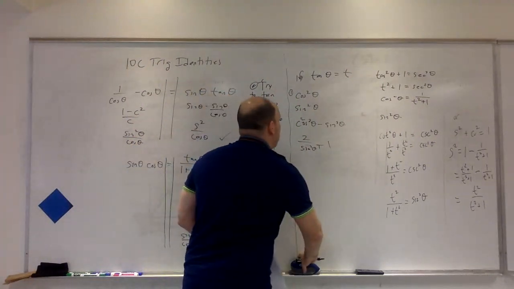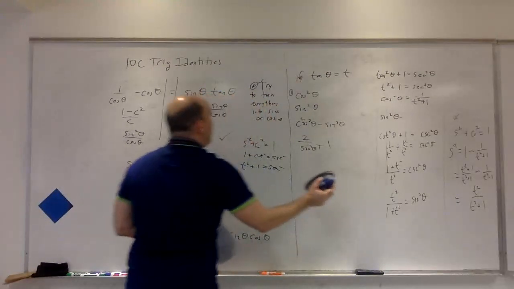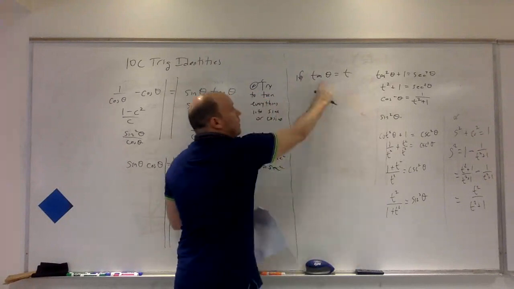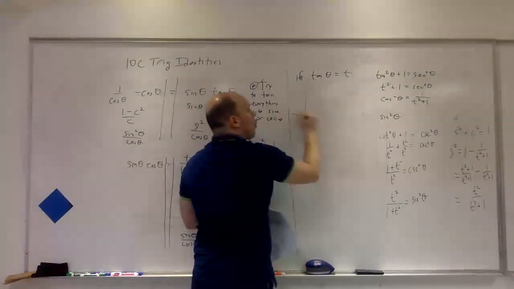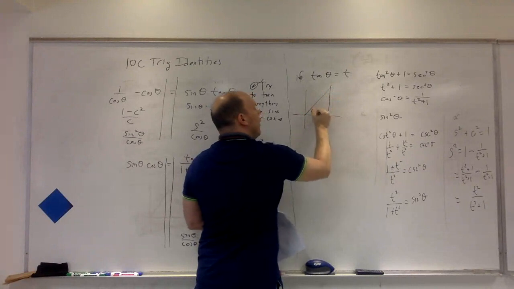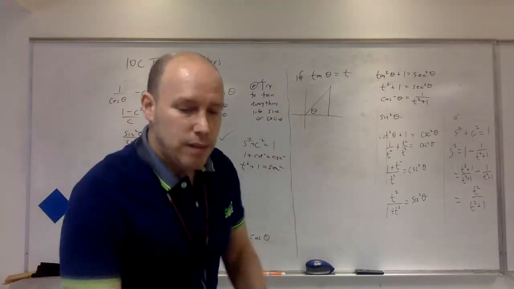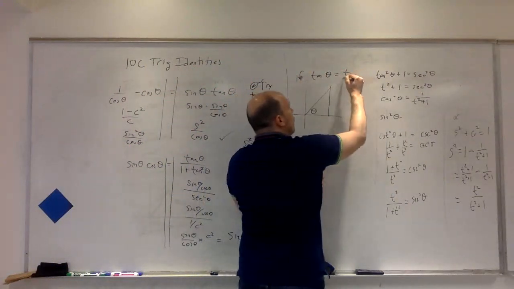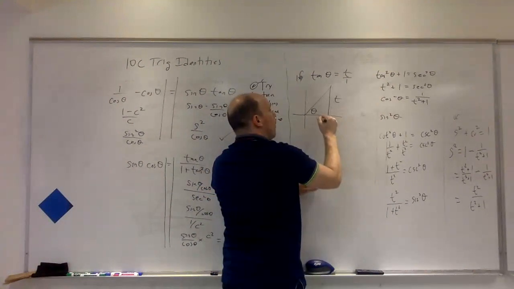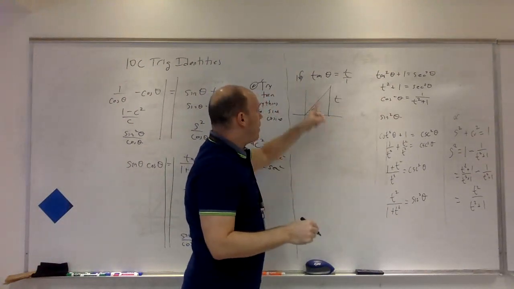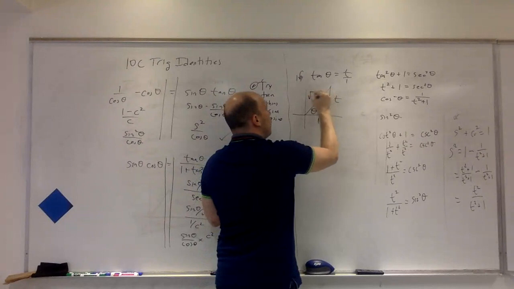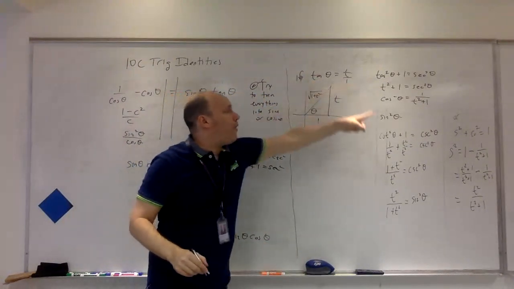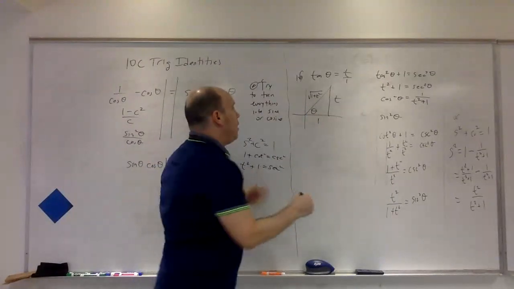Personally, my favorite way of doing these is, I'm going to show you my way. Ready? So let's erase this. If tangent of theta equals t, make a picture. If this is theta, and we're told that the tangent of theta is t, I'm going to first rewrite this as t over 1. That means opposite over adjacent. And that means from the Pythagorean Theorem, we have the square root of 1 plus t squared. And once you have your diagram, you can find everything else you need.